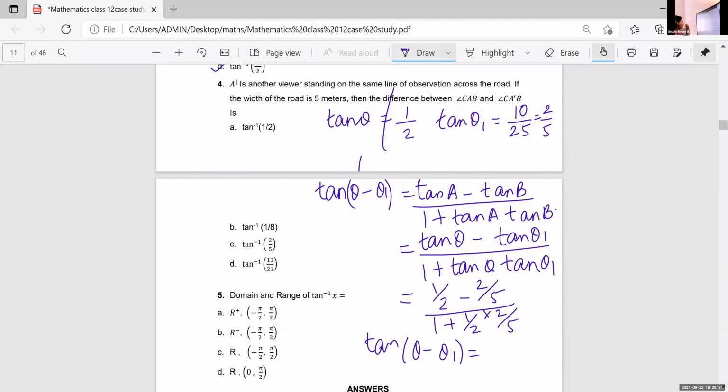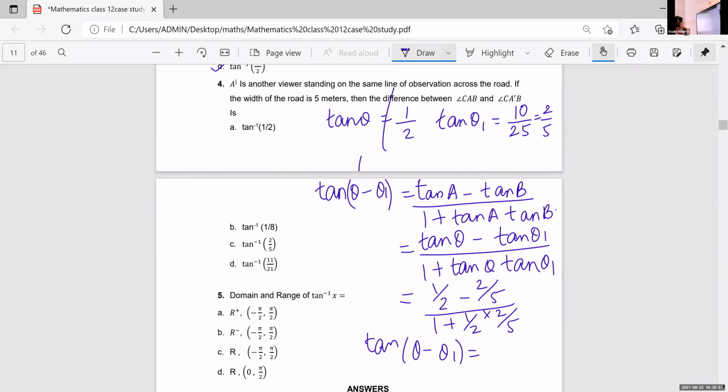What is the answer? What is the option you will get? Atul? Srihari, on simplifying, what do you get?